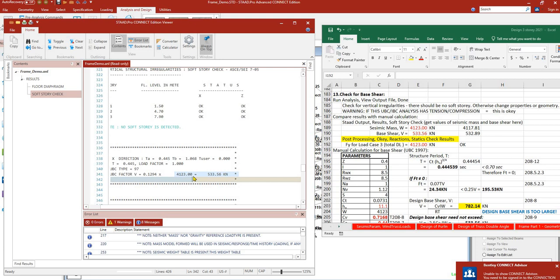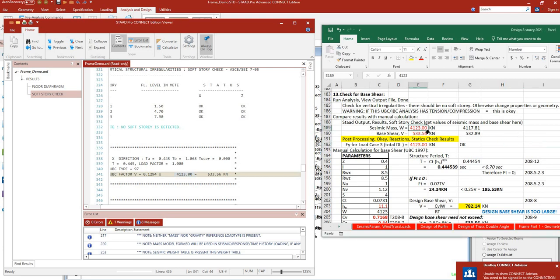Take note also na yung slab, meron din siyang self-weight, pero hindi siya nakapasok sa STAAD in the sense na dun natin siya iniload sa superimposed dead loads. So, ito yung seismic mass, and then i-compare natin ito doon sa post-processing. So, remember that this is 4123.00.